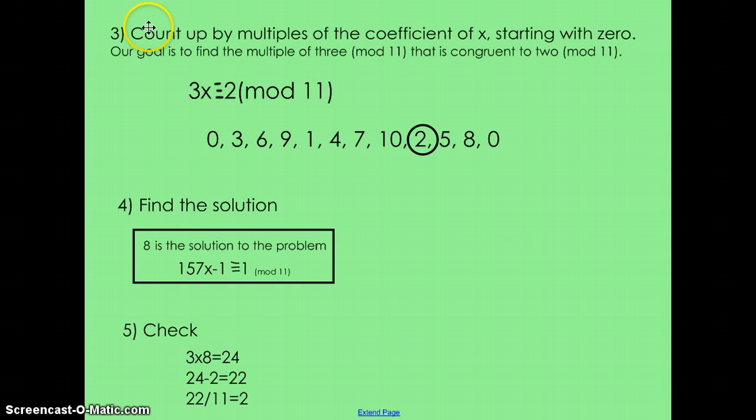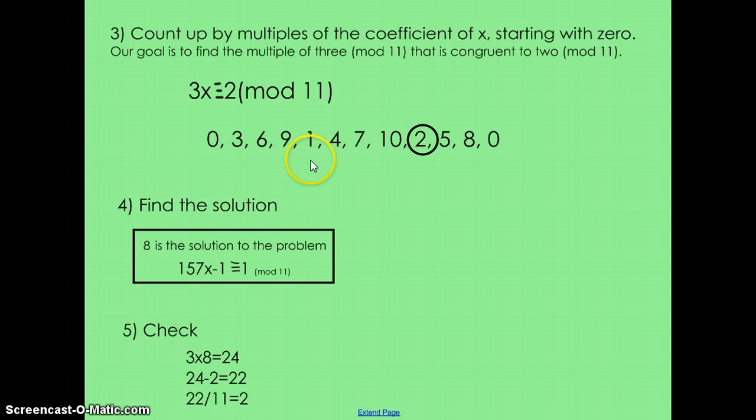Our next step is to count up by multiples of the coefficient of x, starting with 0. We're starting with the equation 3x is congruent to 2 mod 11, and our goal is to find the multiple of 3 mod 11 that is congruent to 2 mod 11. We start with 0 and work up by 3. So 3, 6, 9.